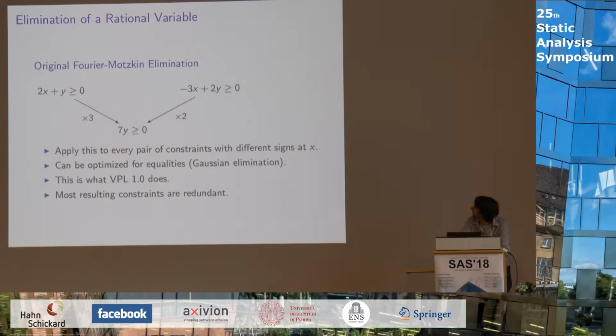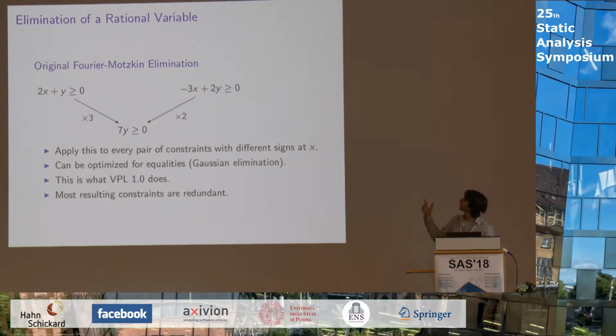Okay, so we'll go quickly one by one through the operations and see how they roughly work. In the original Fourier-Motzkin elimination, we would take our polyhedron and split the constraints, since we are eliminating one variable, in this case x. We split the constraints into those where x appears positively, when we direct the comparison in a certain way, and those where x appears negatively.